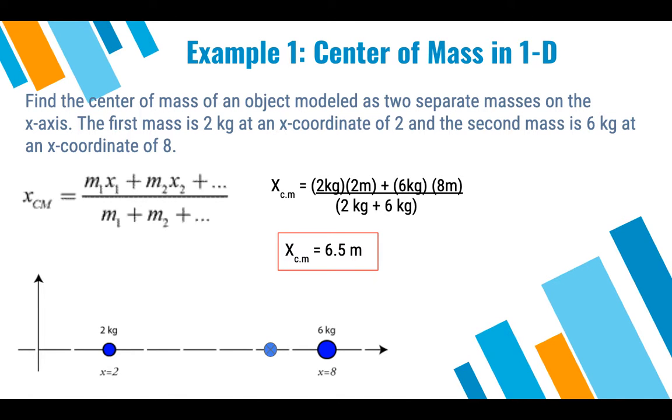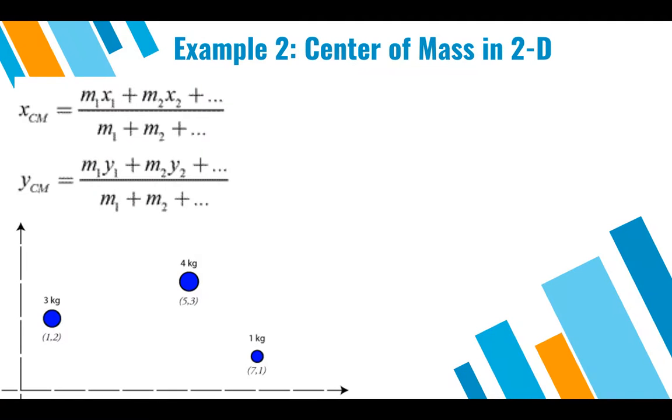So let's take a look at an example where we are looking for center of mass in 2 dimensions. We have more than 2 objects in a system, and we need to figure out the center of mass. In our xy coordinate plane here, we have 3 masses: 3 kilograms, 4 kilograms, and 1 kilogram.